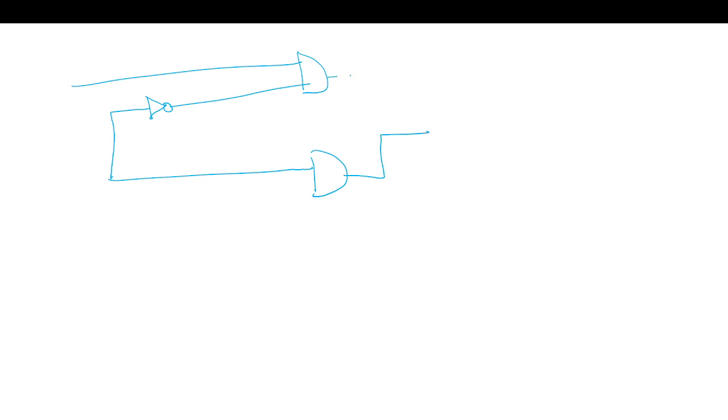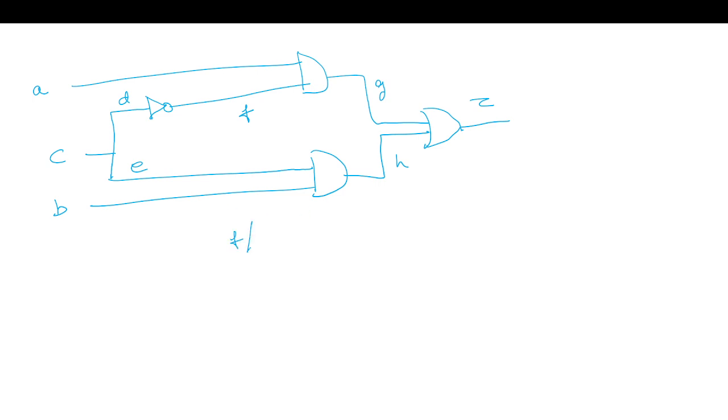Next, if we see another example, now if we have F stuck at 0 as our target fault, this is stuck at 0.